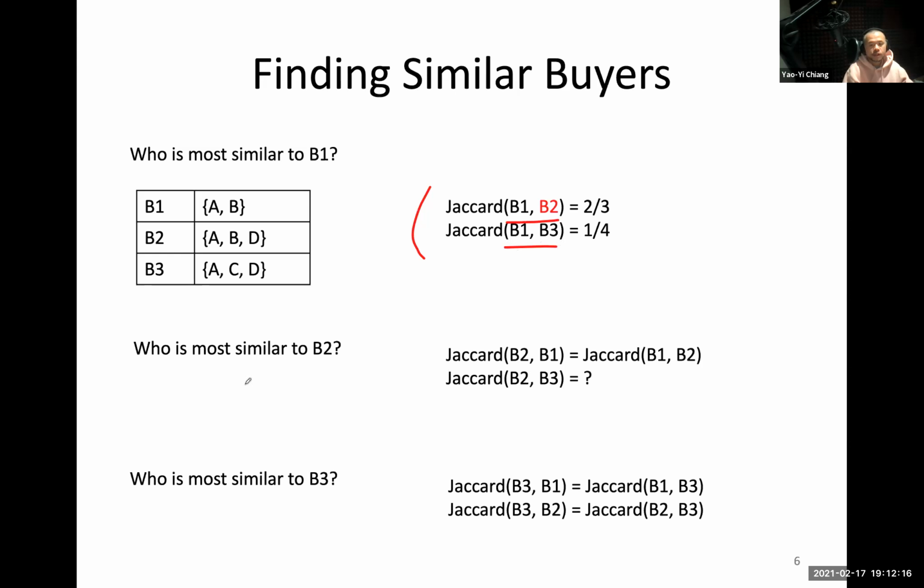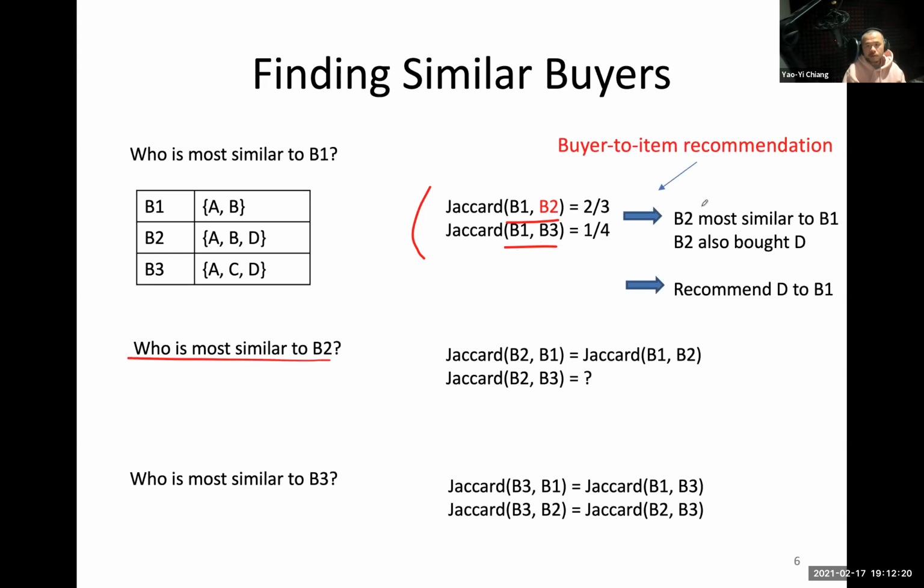Okay. So who's most similar to B2? B2 is more similar to B1, and also B2 bought D, so we will be able to recommend D to B1. This is buyer to item recommendation. Let's say you only have 3 users. These are all the items that they have purchased, or the records you know about all these users.